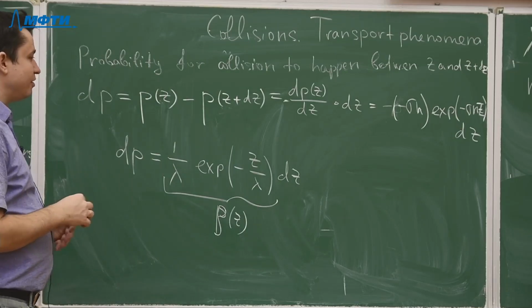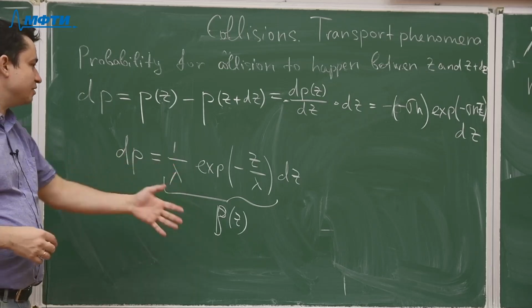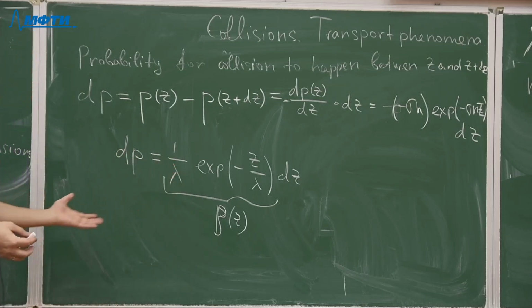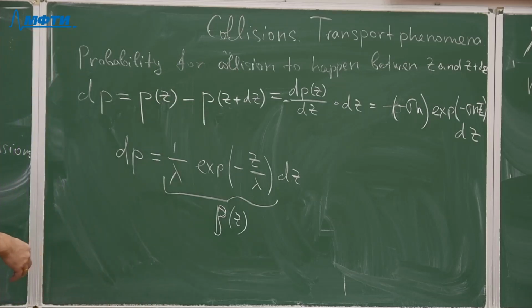And, well, now we can go backwards, and then we can calculate the mean free path. So as we know the probability distribution for the free path, we can calculate the mean free path using this probability distribution. So we need just to check whether the mean free path would be exactly equal to that lambda which we have used from the very beginning. So let's check it.